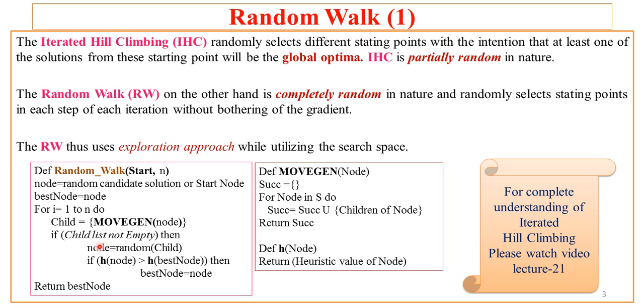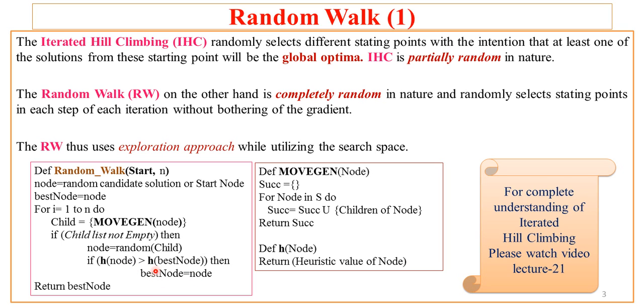Now if the node at this point in time has a higher heuristic than the best node we have observed so far, then our best node will not be the earlier best node, rather it will be the current node which has the higher heuristic value. So this heuristic function takes a node and it returns the heuristic value of the given node. So here in this if statement, the heuristic function takes the node and returns the heuristic value of that node.